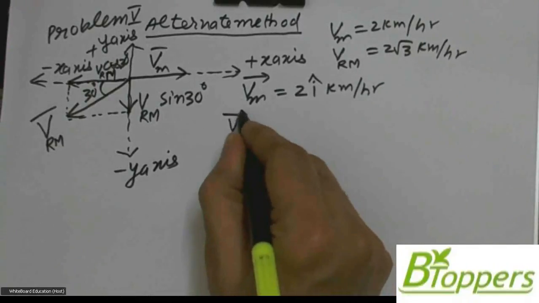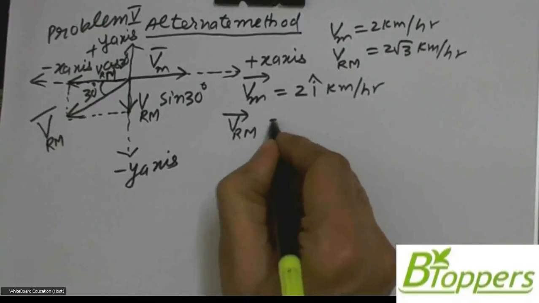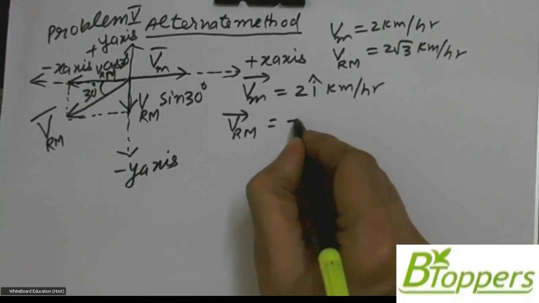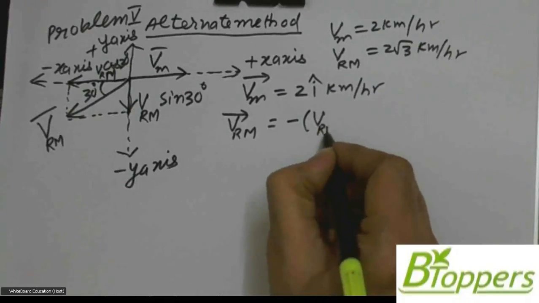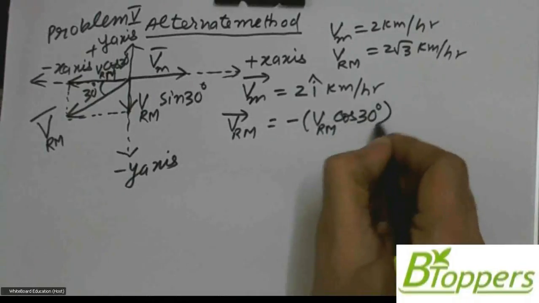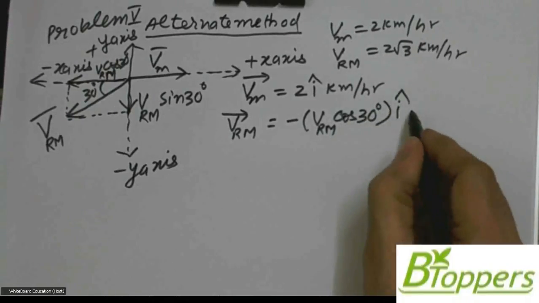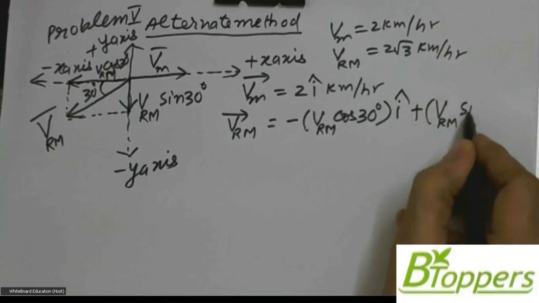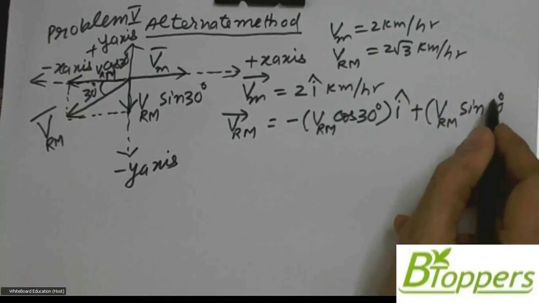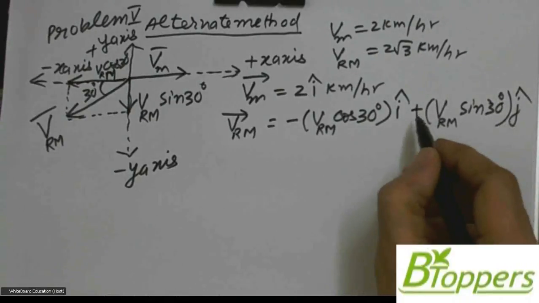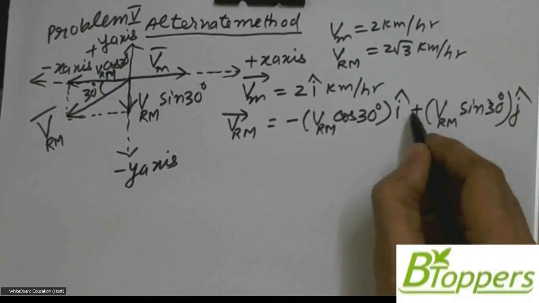And the relative velocity of the rain with respect to the man can be written as minus Vrm cos 30 degrees into i cap plus Vrm sin 30 degrees into j cap. Here there should be a minus sign.